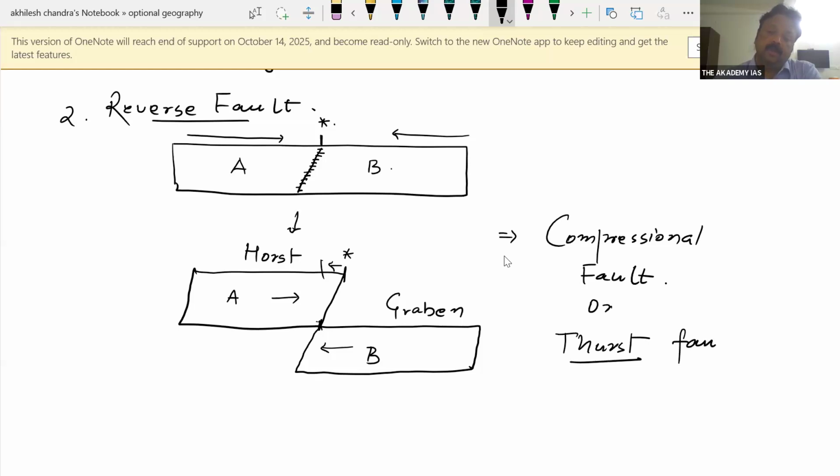Try to see, both the blocks are moving towards each other. That's why it is a thrust fault. Okay, thrust fault and reverse fault. So compressional fault as well as thrust fault. Fine.